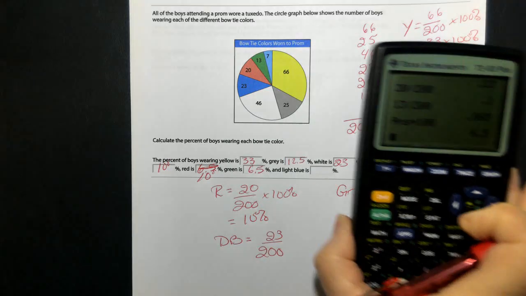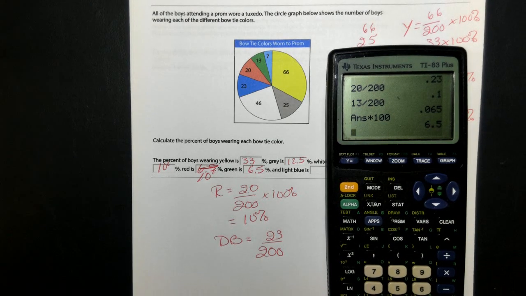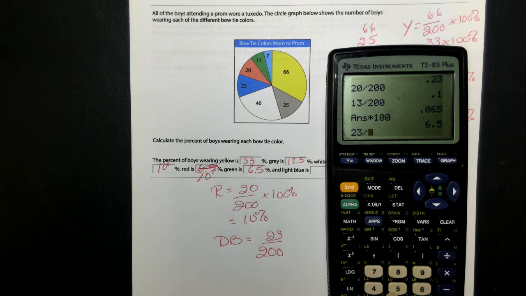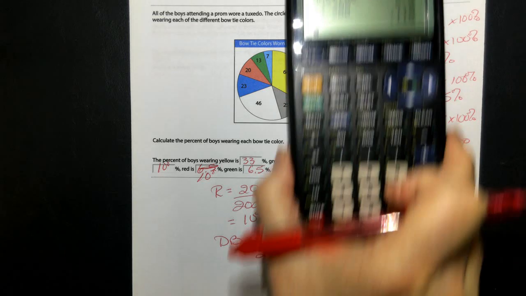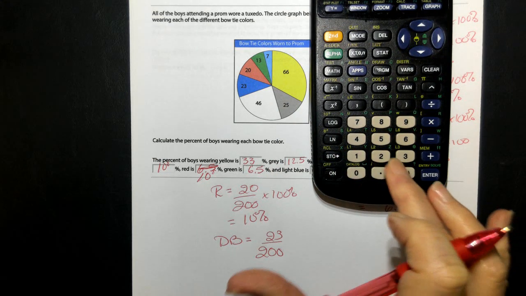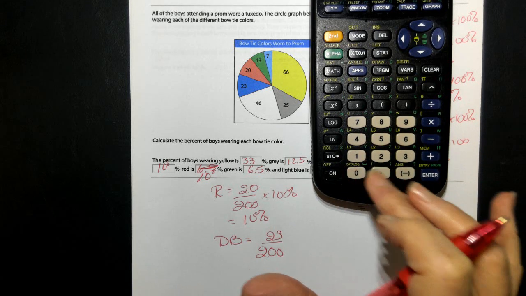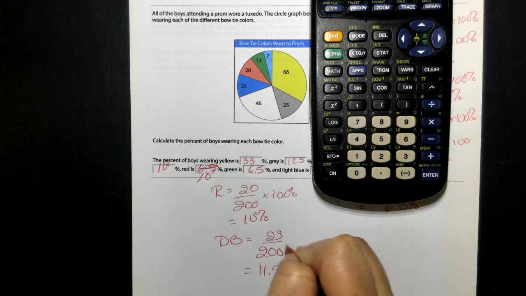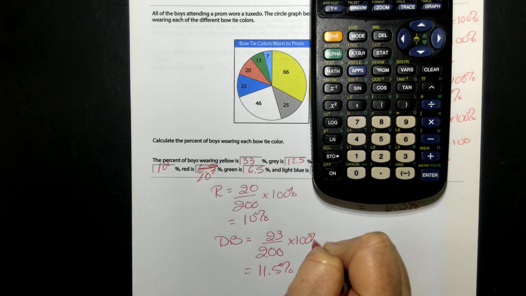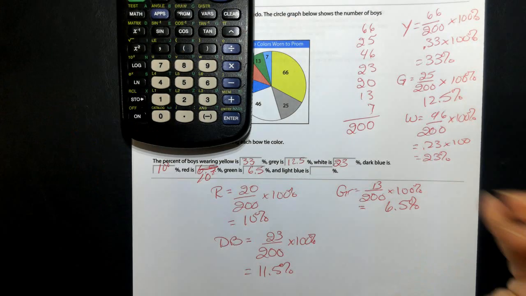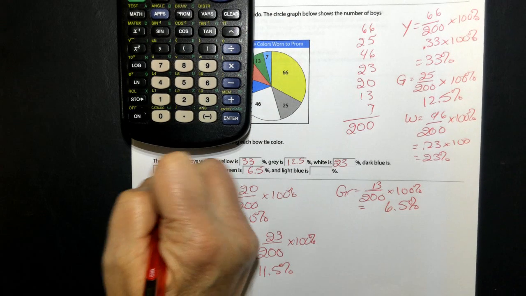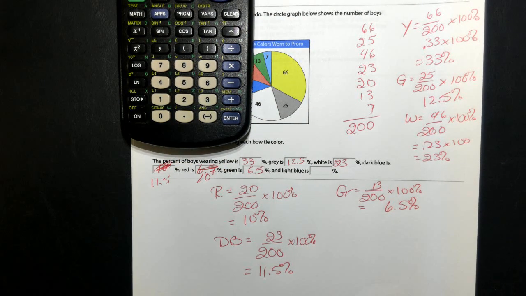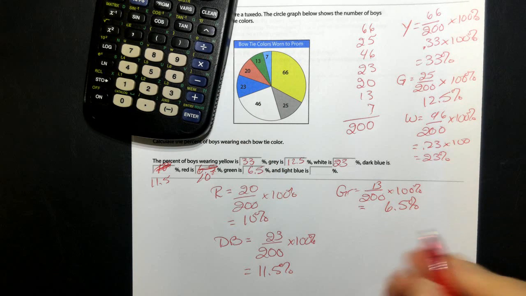Make sure you don't have the same mistakes I do. 23 divided by 200 is 0.115 times 100 equals 11.5%. All right, so got to make sure I do things well. 11.5. Next is light blue, last one.